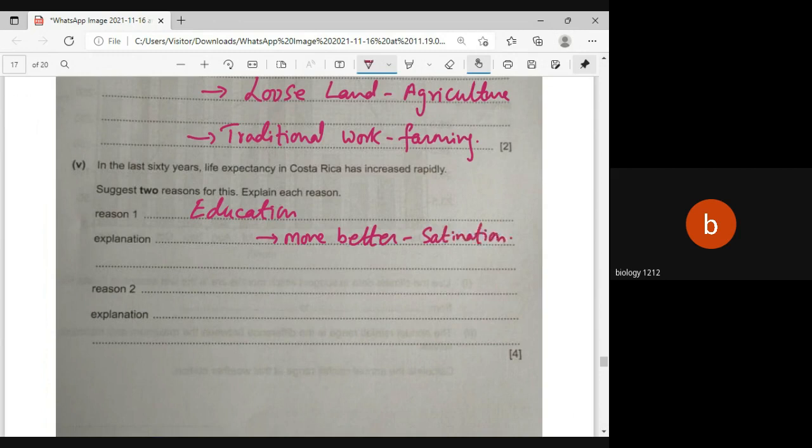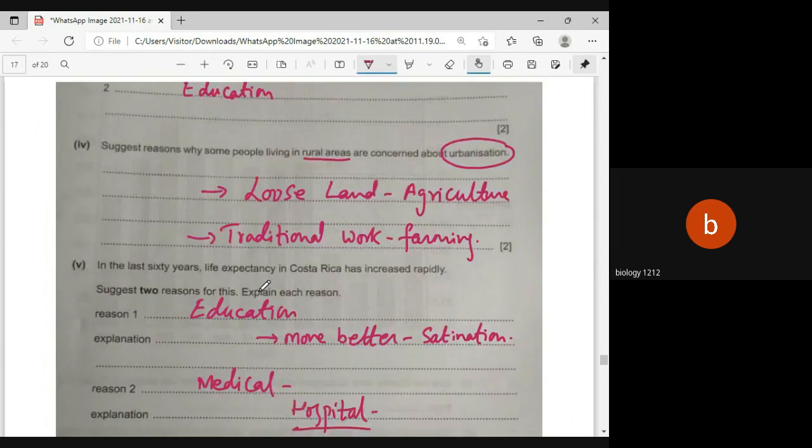So when they know more about the hygiene and sanitation, of course, less fall of illness, and then the life expectancy increases. The second reason you can say is the medical facility. If there is better medical facility, better hospitals, of course, life expectancy increases. So a reason and an explanation you can give over that.